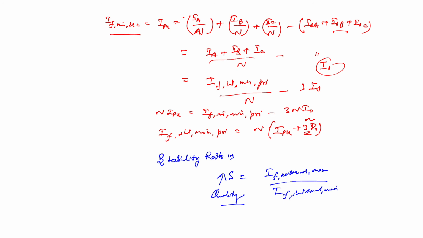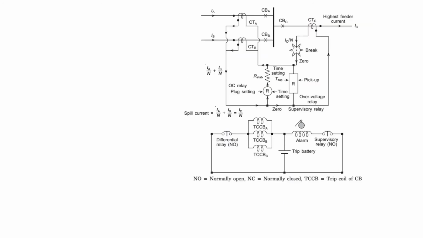Now we will discuss the supervisory relay. So what happens in a busbar differential scheme? Many times a particular CT gets open circuited.